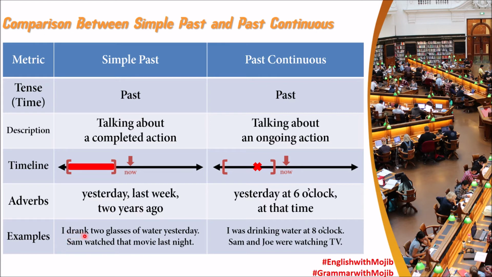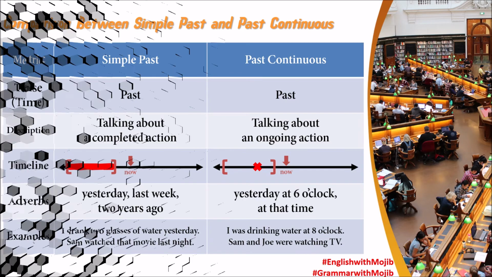First one is an irregular verb, second one is a regular verb. Past continuous examples. I was drinking water at 8 o'clock. Yesterday at 8 o'clock, Sam and Joe were watching TV. Past continuous, we were watching; simple past, watched. Okay, next slide.